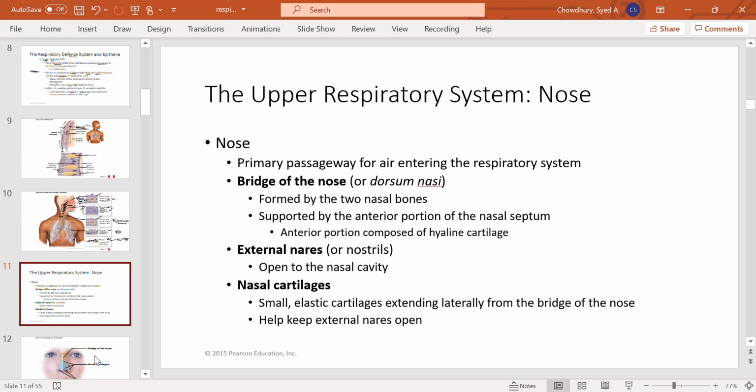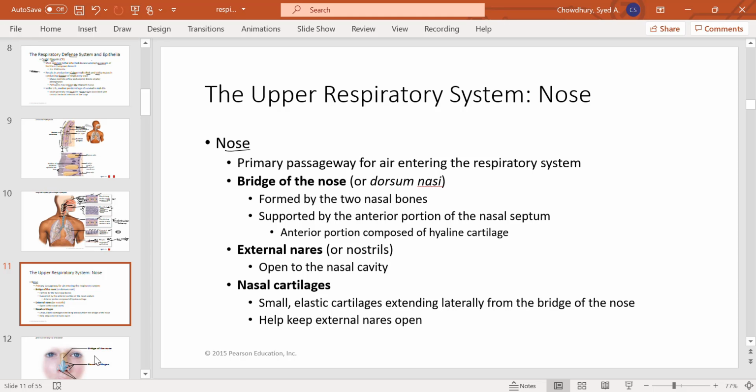Okay, now we'll see the first organ of the respiratory system, which is the nose. Okay, nose is the primary passageway for air entering the respiratory system. We all know that. And through the external nares or nostril, the air enters into the nasal cavity, right?